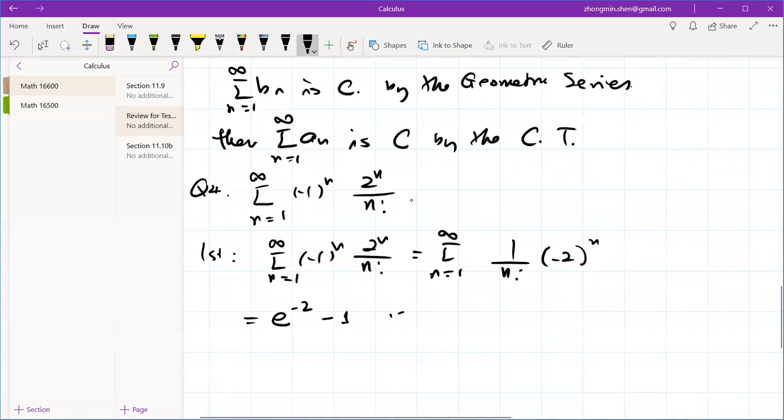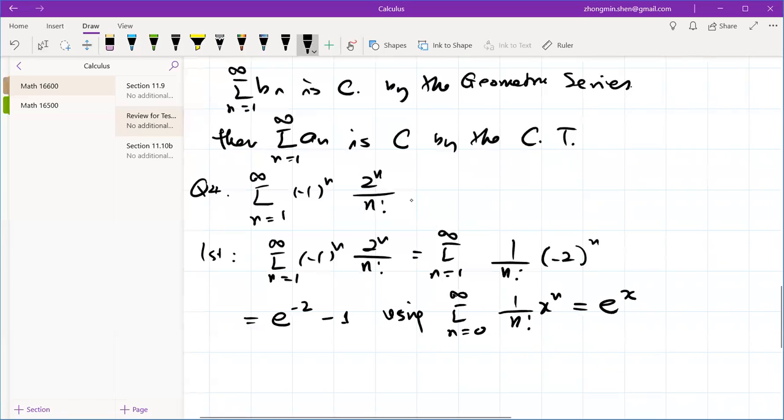Using the following fact: with n starting from 0, the sum of x to the n over n factorial always converges to e to the x. We already proved that. You can use this fact. The radius of convergence of this Taylor series is infinity, for any x. So in particular, when x equals -2, it converges to e to the -2. But why e to the -2 minus 1? Because this series has an additional term there.